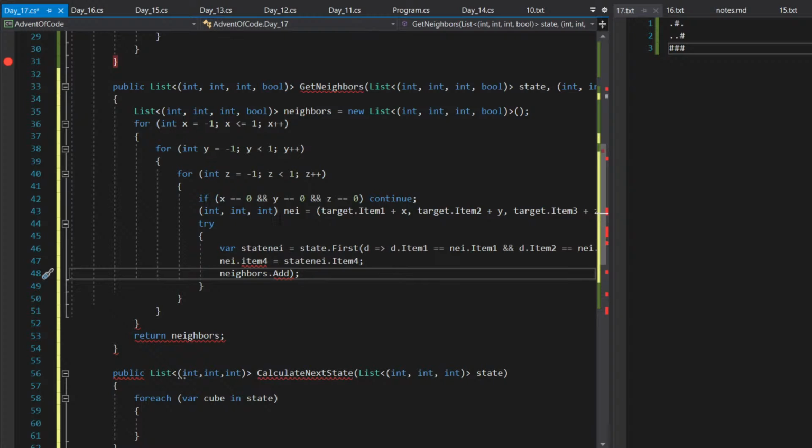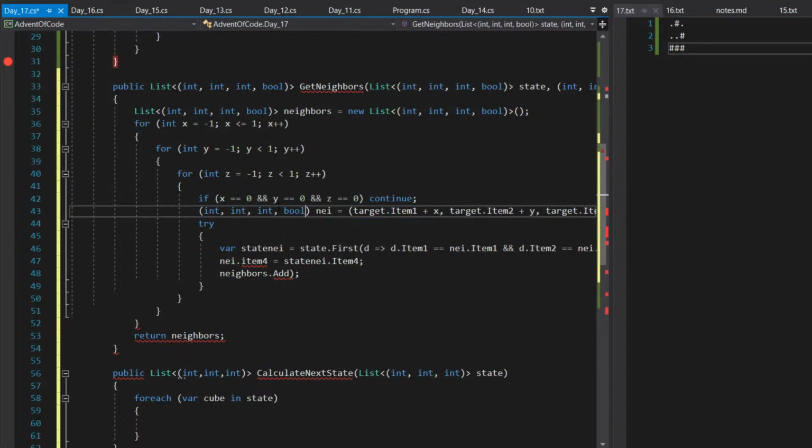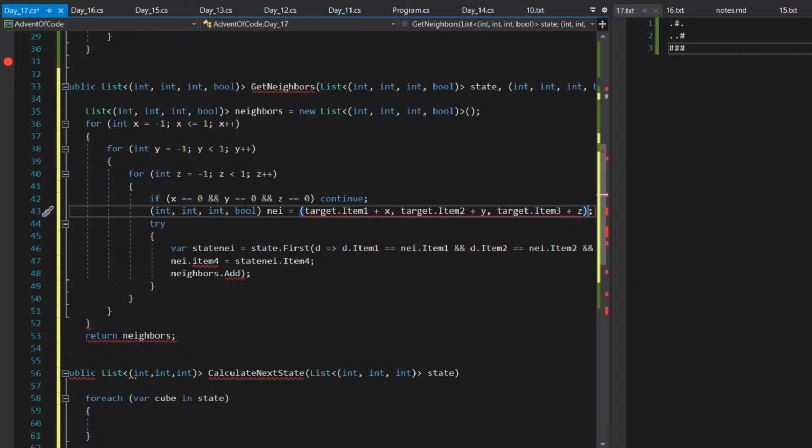Maybe I should have turned this into a class since I'm making this tuple so complicated.